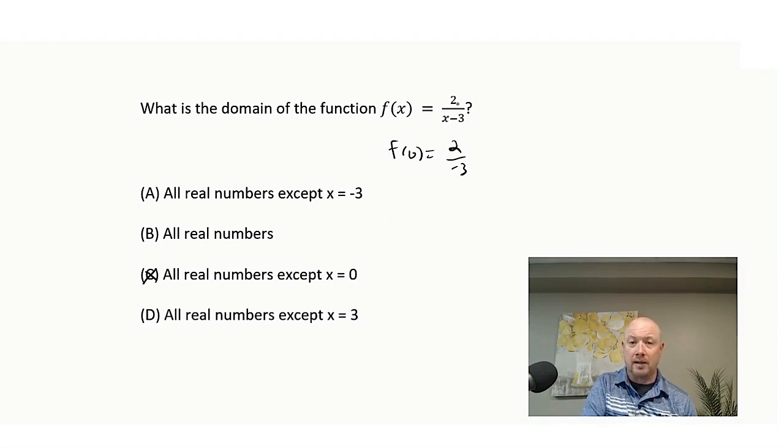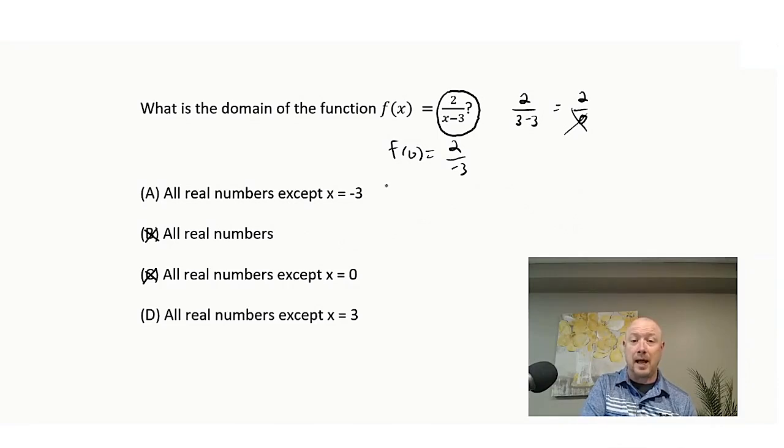Okay, so now if we look at this, this is a rational function. So if we had plugged in 3, we would get 2 divided by 3 minus 3. We get 2 over 0, and we can't divide by 0. So that means x equal 3 cannot be part of our domain. So that eliminates all real numbers.